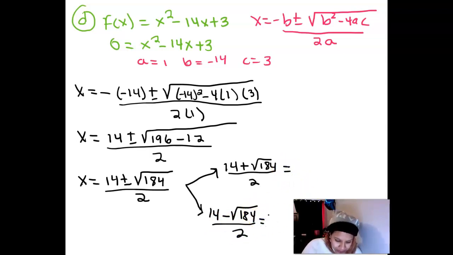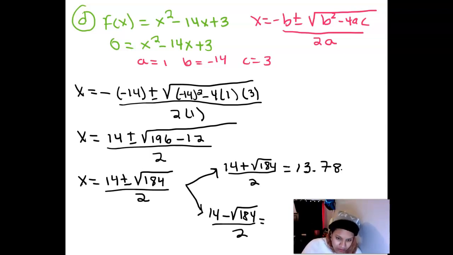I'm doing one at a time. 14 plus square root of 184, then I take that number and divide it by 2. It gives me 13.7823 and a few more decimals. When I round that, 13.78, the next number is a 2, which will not change the 8. So it stays as 13.78.